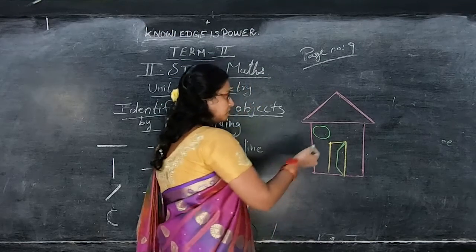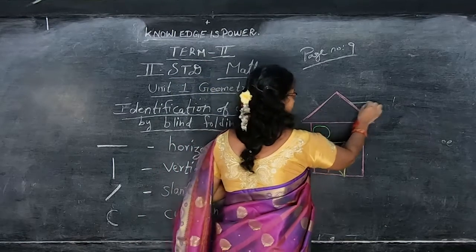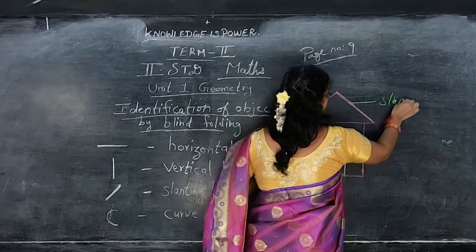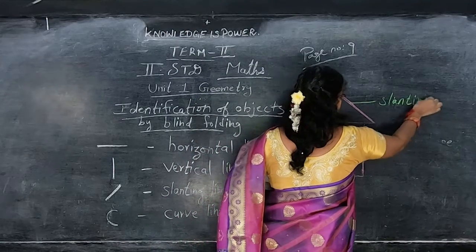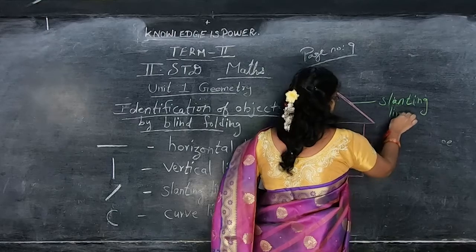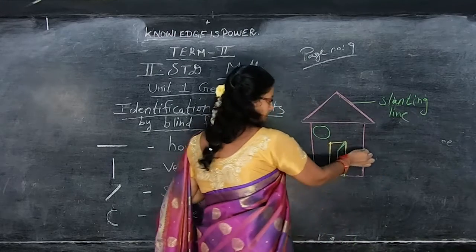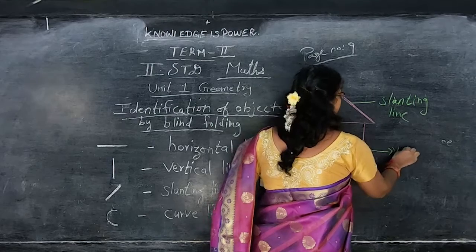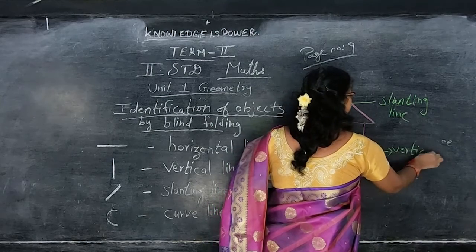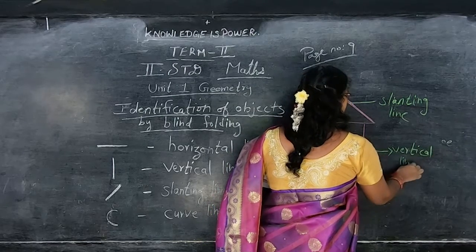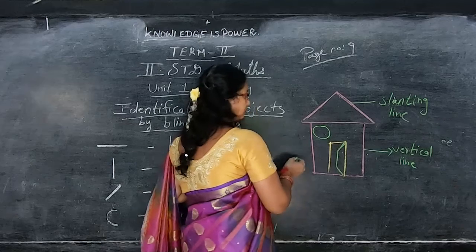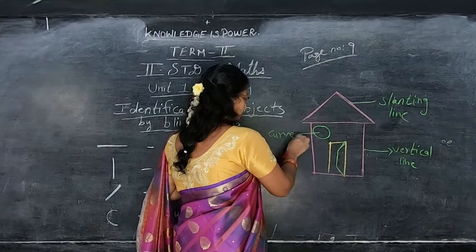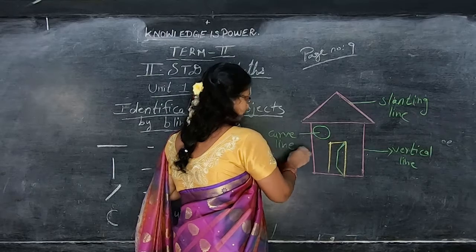See, children, what line is this one? Slant line. S-L-A-N-T-I-N-G, slanting line. Okay, this one, vertical line. V-E-R-T-I-C-A-L, vertical line. See here, this one, curve. C-U-R-V-E, curve line.